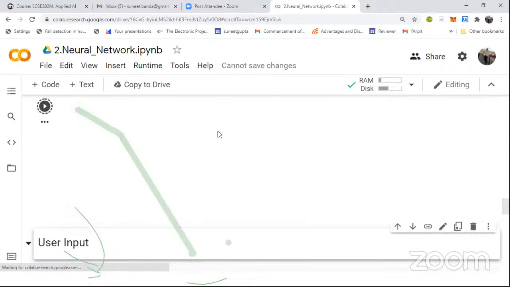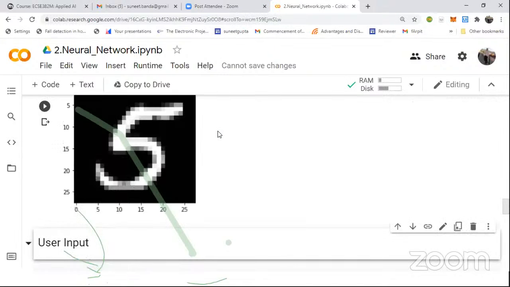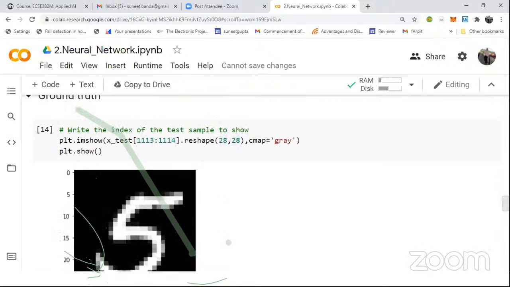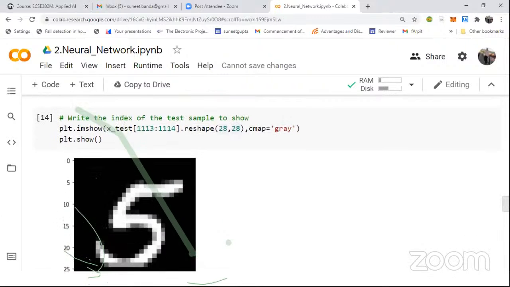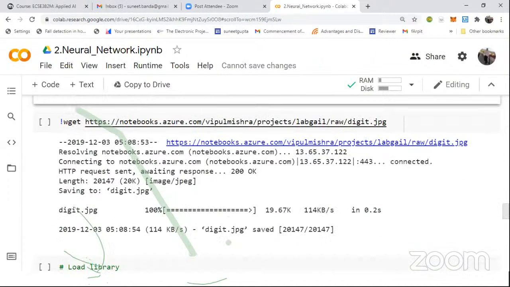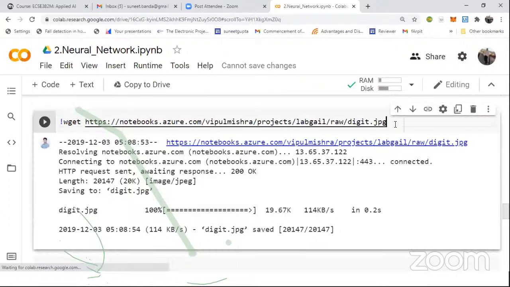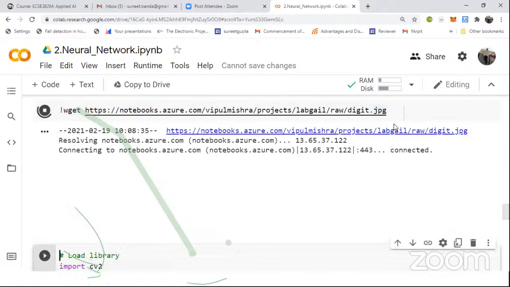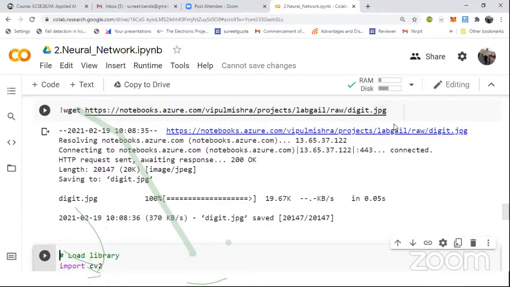Okay, so I simply run it. Oh, so it is the image of class 5, and our model also predicted 5. Now we come to the next part. Let's say user defined data.